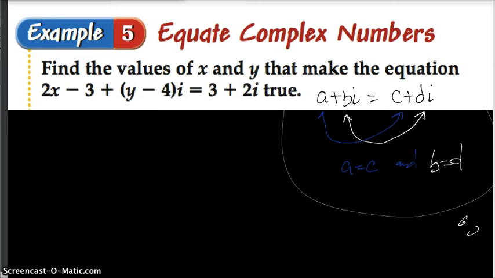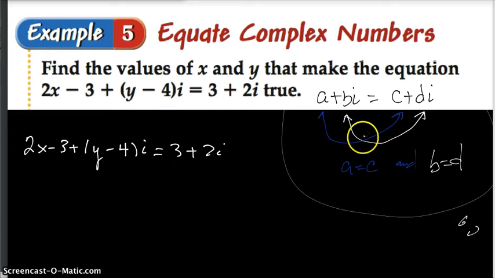So here's this problem. It says that we're going to find the values of x and y that make this equation true. So if I have 2x minus 3 plus y minus 4 times i, and that's equal to 3 plus 2i, just as I told you the real part must equal itself, the imaginary part must equal itself.